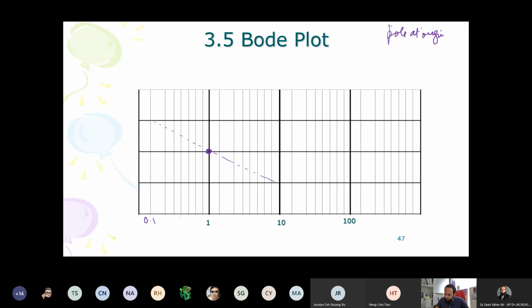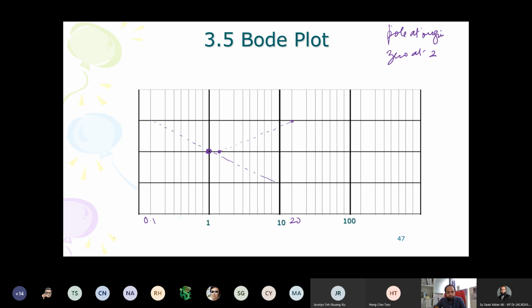Okay. Then we have, I believe, a 0 at 2. So if this is 0, we will be going plus 20 dB from here, so 2 until 20, which is here. Can you see the lines, guys?